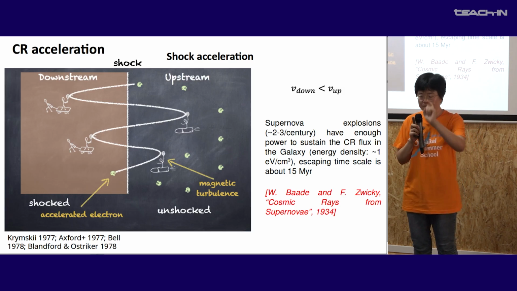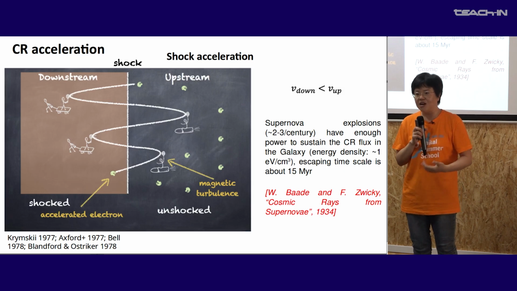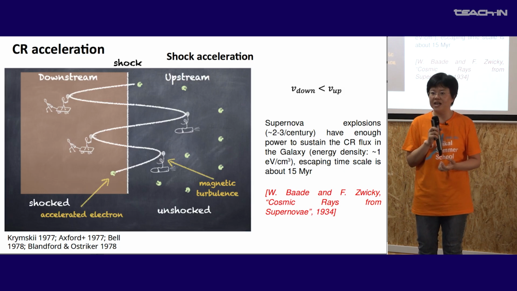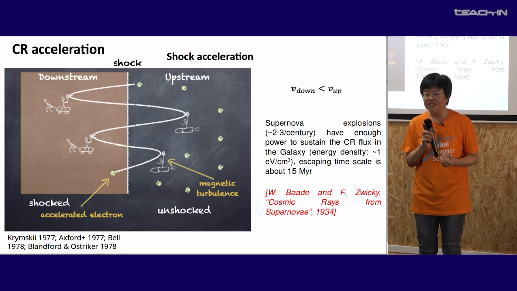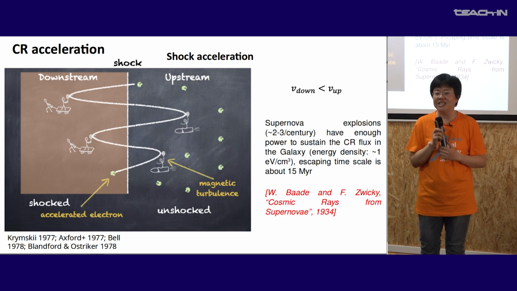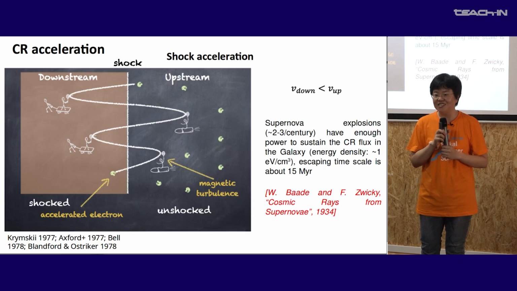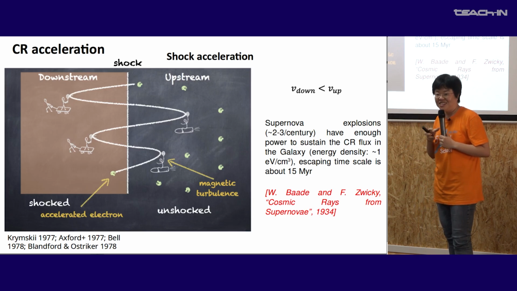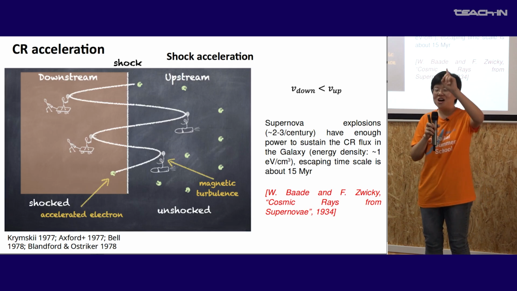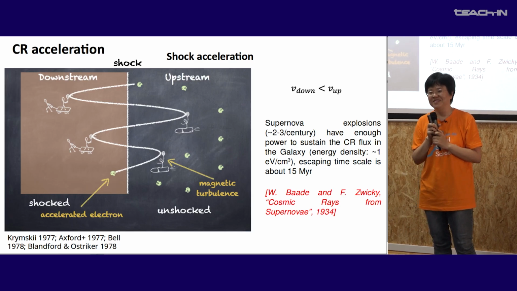And for one particle, you take all these processes into account, you will know, okay, they probably will take 15 million years to get away from our galaxy. And within those 15 million years, how many supernovae will happen? That's a lot, right? So in 100 years, we have 2 or 3. Each of them will emit 10 to the 51 ergs.